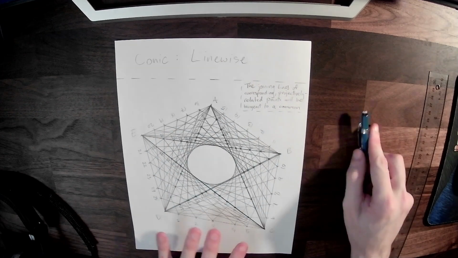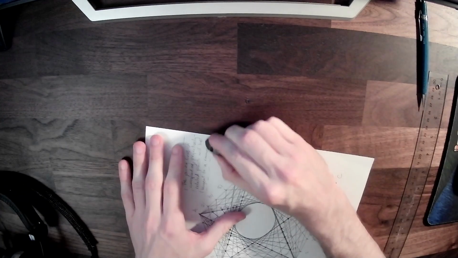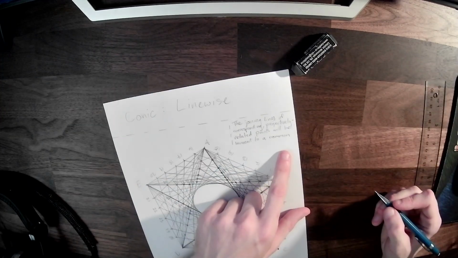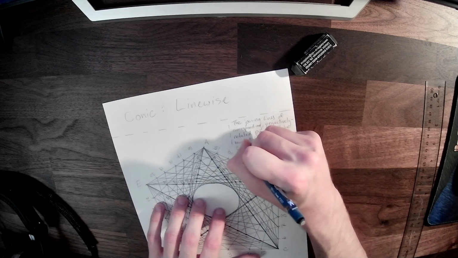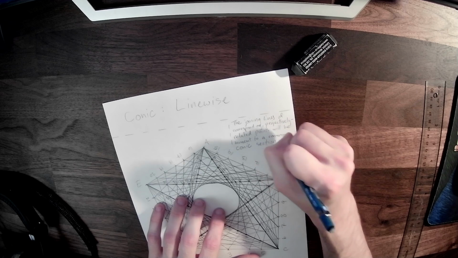And it looks like I ran out of room. Where's my eraser? Here it is. Tangent to a common conic section.